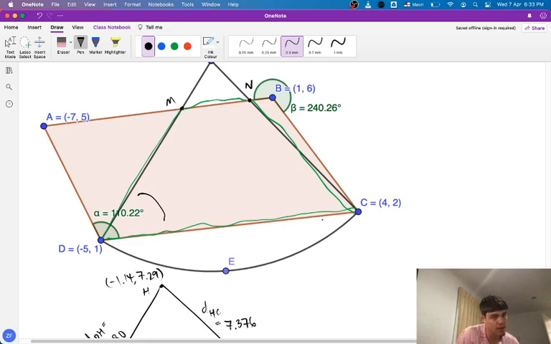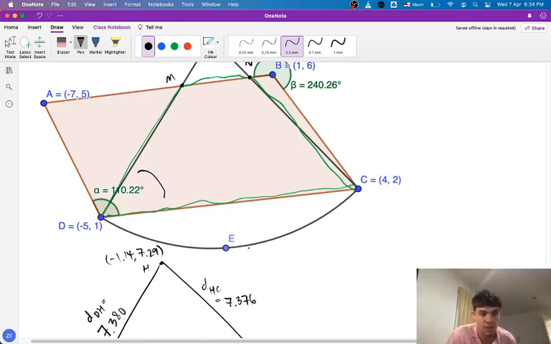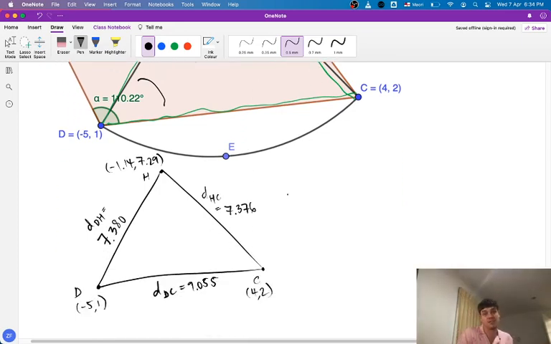Then I'll have an angle, but I don't know how to do this little triangle here. I'll have a distance and a distance from before and another distance, and I'll be able to use that to find an angle. It means I'm going to have to do some more distance calculations.